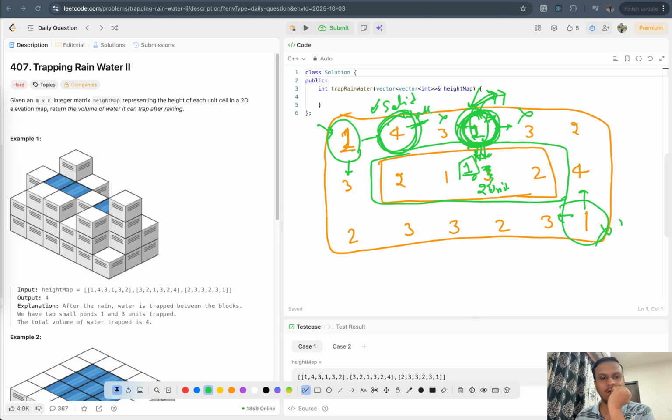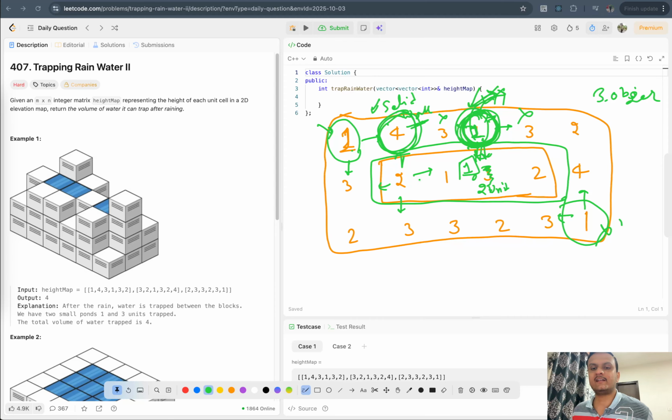Okay, so can we do something about it? How much water will be trapped will be in this, so this is our third observation, you can say. So we have made 2 observations. First, at the boundary we can't trap any water. Second observation, we have to take the adjacent cells into account.